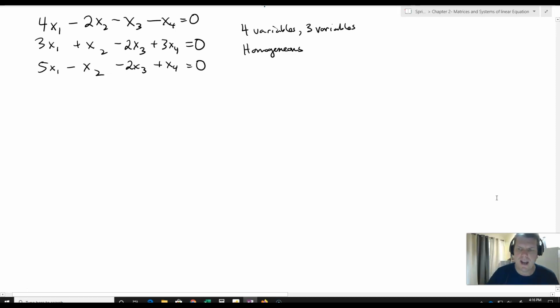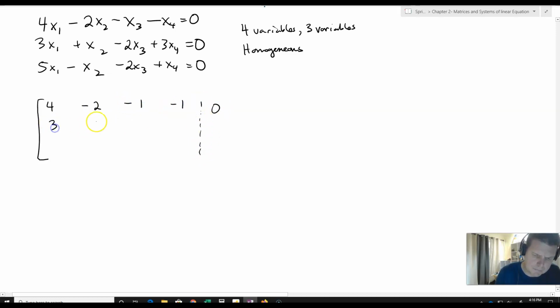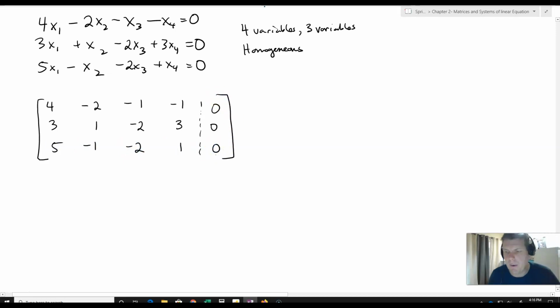Okay. So now let's transform our system into an augmented matrix. And now we're going to use Gaussian elimination in order to solve.